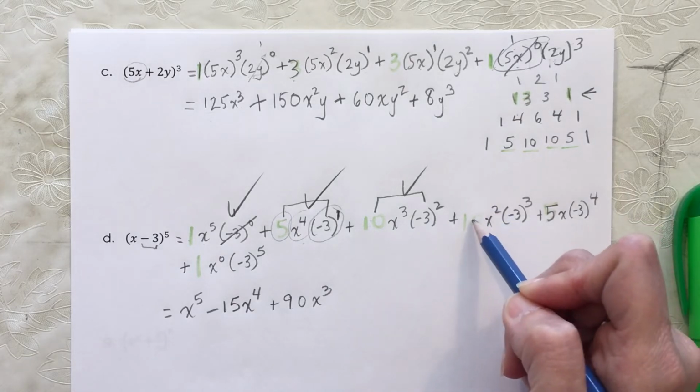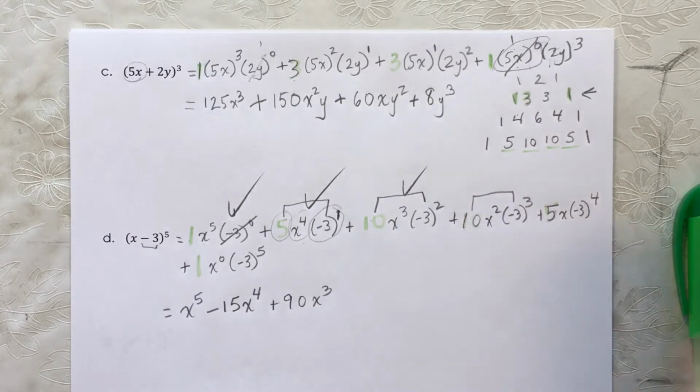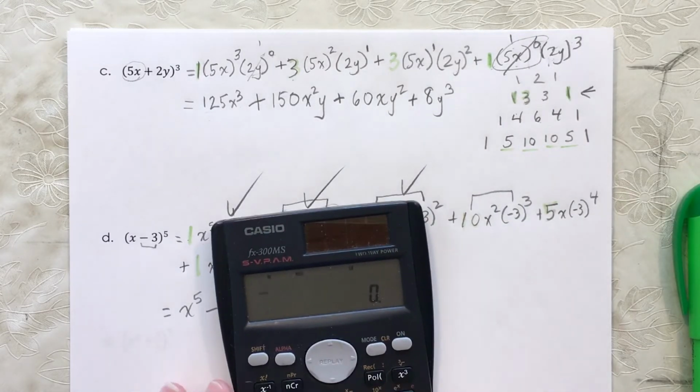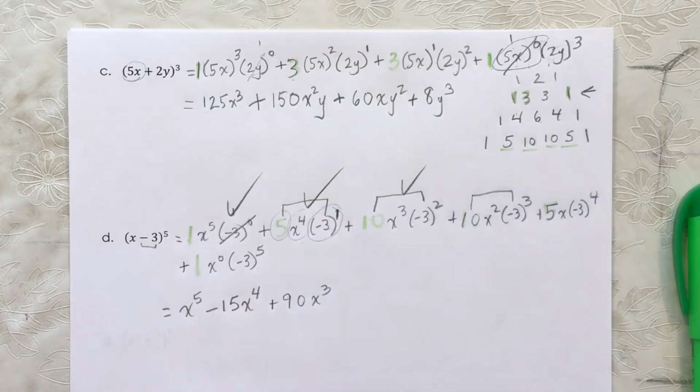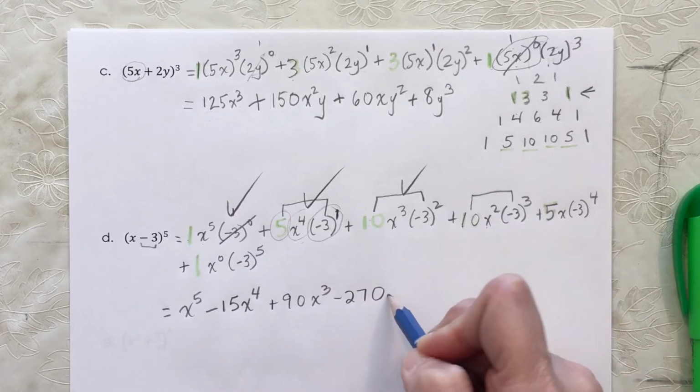So now to get the coefficient for the next term, it's going to be 10 multiplied by -3 cubed. So when you use your calculator, maybe use brackets. -3 to the power of 3 times 10 gives you -270 x squared.